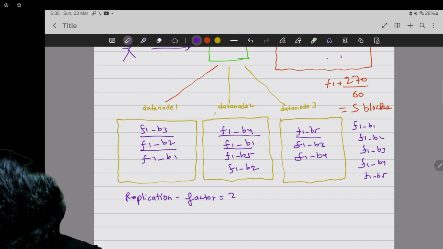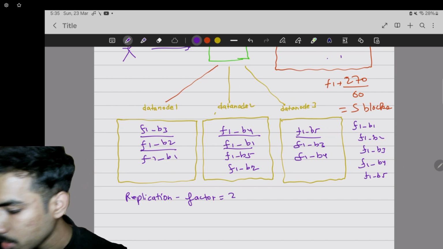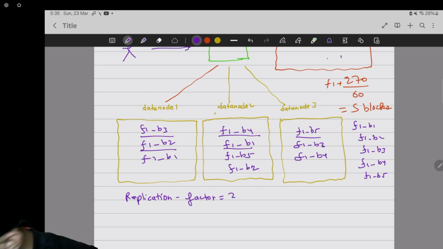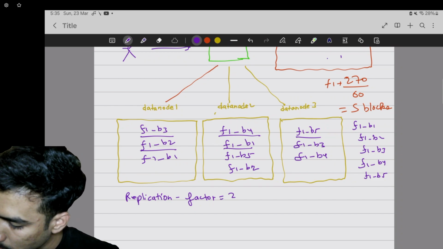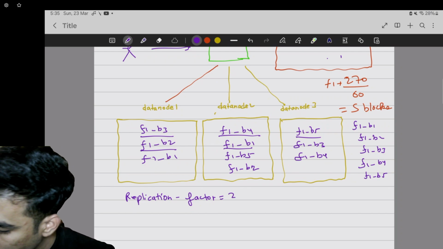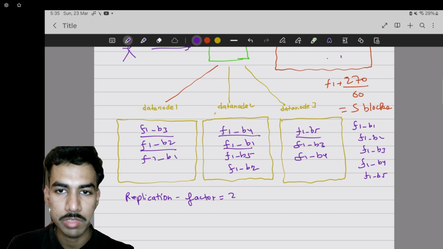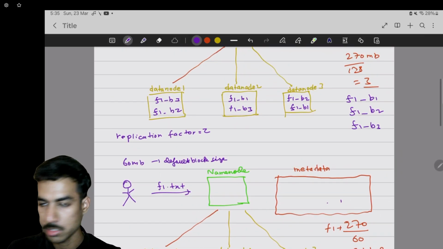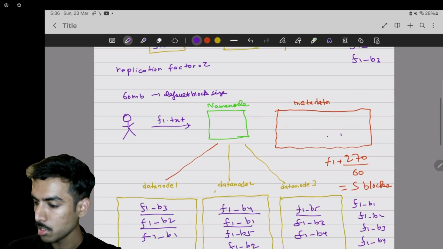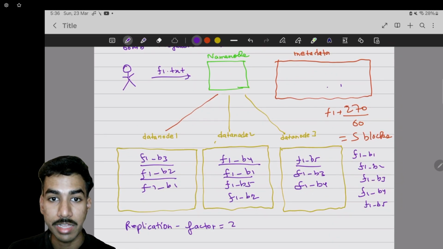Now I think all of them have been replicated two times. If we check 1, 2, 3, 4 and 5, yeah, all of them. But you will notice earlier we had 6 blocks total with replications. Now we have 1, 2, 3, 4, 5, 6, 7, 8, 9, 10 blocks after replications.